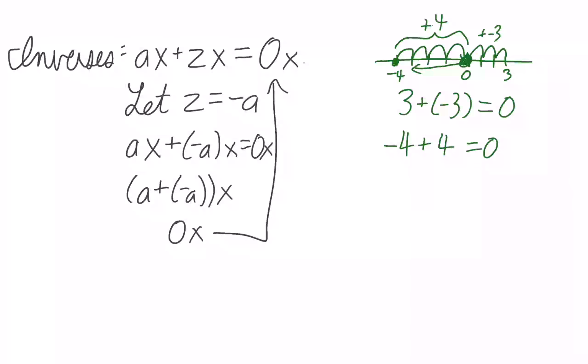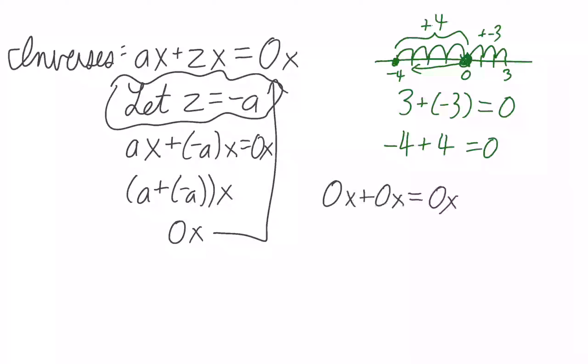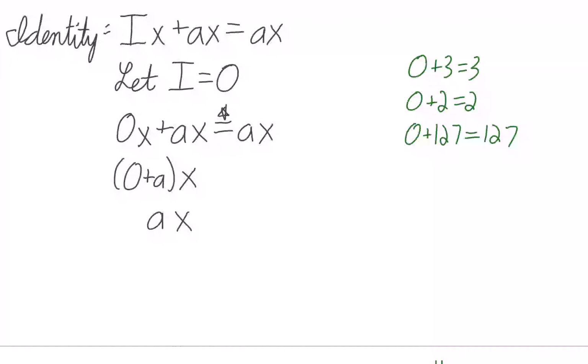So this formula is true as long as we say, okay, Z is whatever the opposite of A is. And every number has an opposite. Now, if we had 0 in the first place, that's a tricky one because it's its own opposite, but that's fine. Because if we had 0x plus 0x, that would definitely be 0x, combining those like terms. So it works right, even if we do something weird. There's no such thing as a number that doesn't have the negative number that goes with it. So this is true whatever direct proportion we had in the first place.